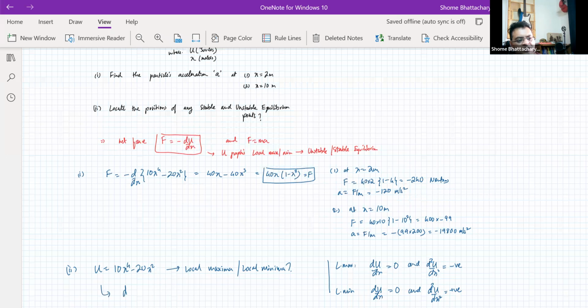Okay, so du by dx is the differentiation of this function, which we already saw, but earlier we saw it with a negative sign because we were talking about force.